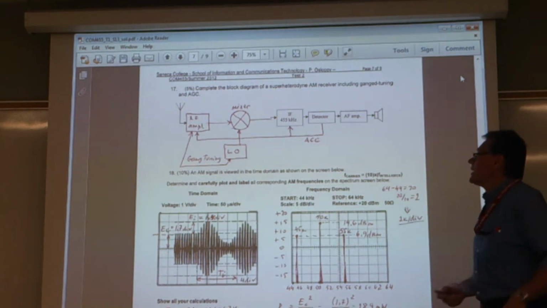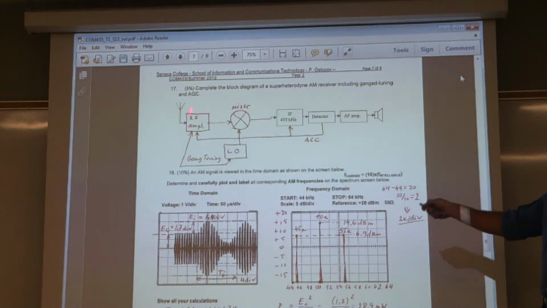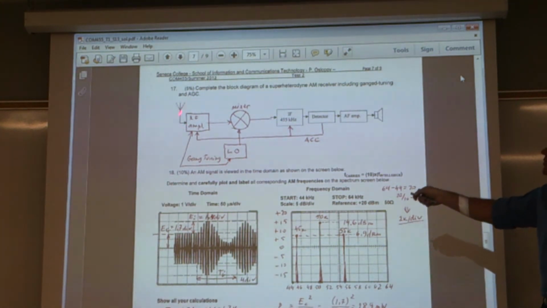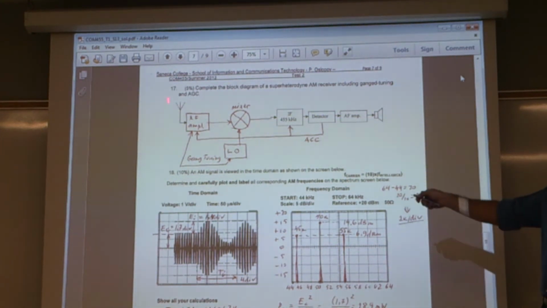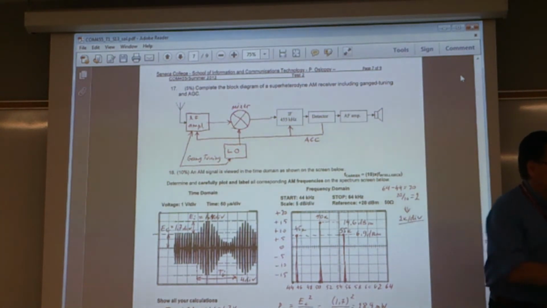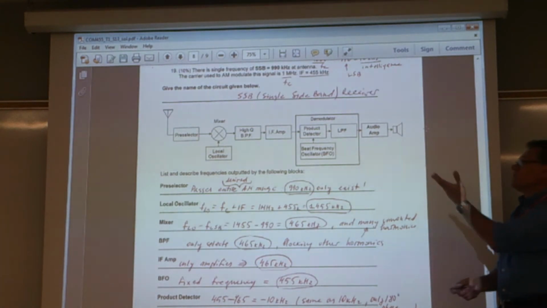Okay, complete. And guys, be survivors. Always use available information. Some of you may have no idea, but our receivers always have a selector, local oscillator, and mixer. When you go to that question, yes, you have this diagram here.